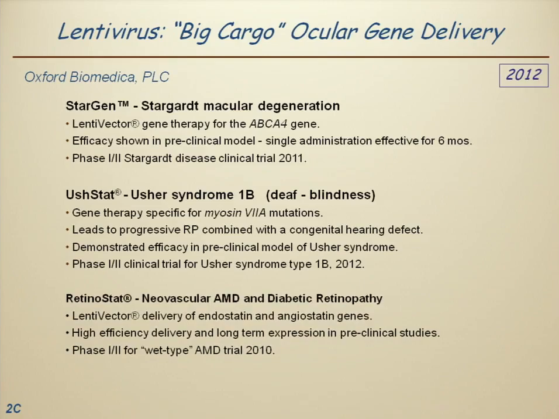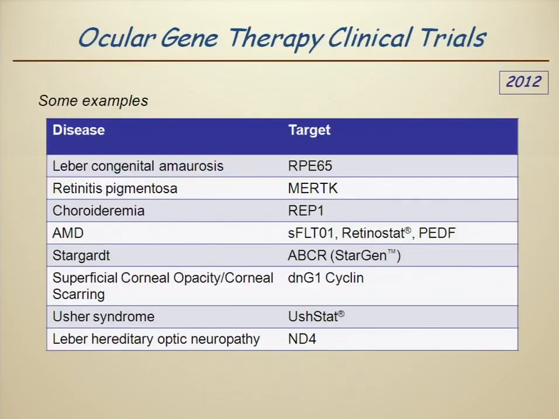Or, somewhat indirectly, using the same delivery, the lentivirus, but delivering therapeutic molecules, endostatin and angiostatin, delivering the gene that makes the protein, and the protein rescues the function of macular degeneration, diabetic retinopathy, causing new blood vessels, neovascularization of the retina.